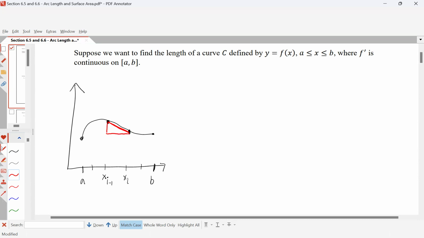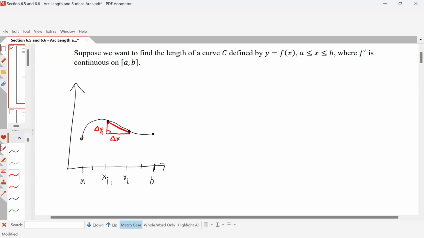Well, we know ways to find the length of that segment. We can either use the idea of the distance formula or the idea of a right triangle. We're going to look at it in the right triangle sense, where the distance between the x coordinates is our little distance delta x, and the distance between the y coordinates is the distance between the function values, or we can call that delta y sub i.